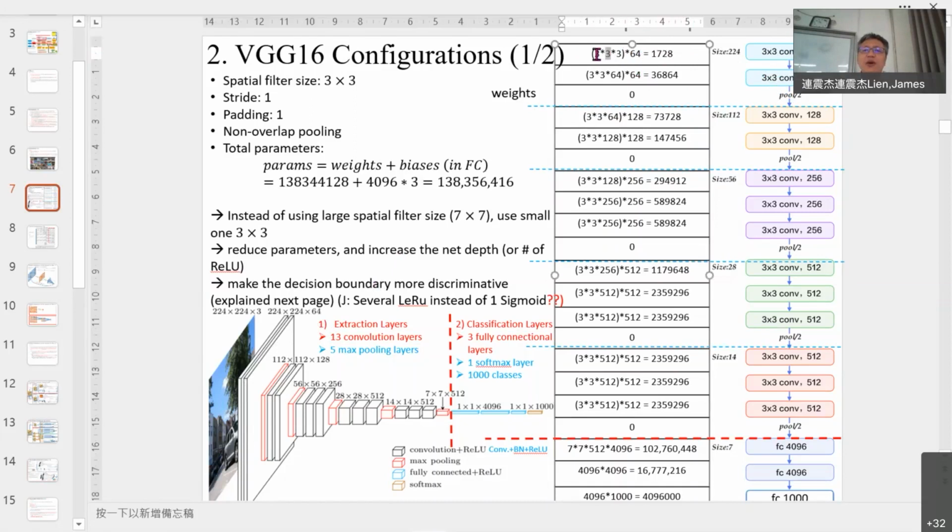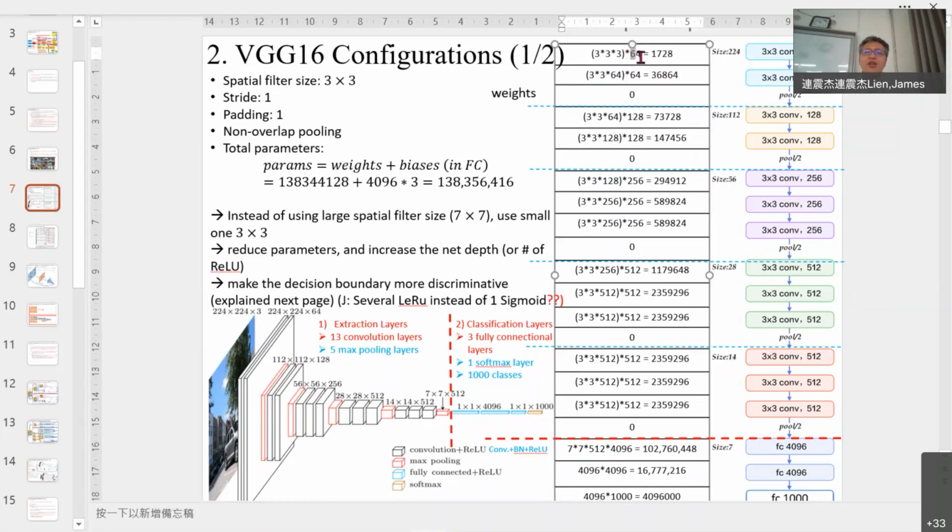This means you have 3 by 3 filters times 3 channel crossover. So this is crossover, 3 channels. And total has 64 filters. This is for the first one. Second one is the same. Your filter size is 3 by 3.